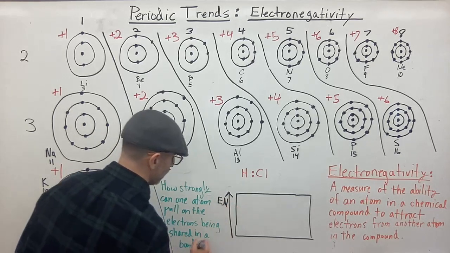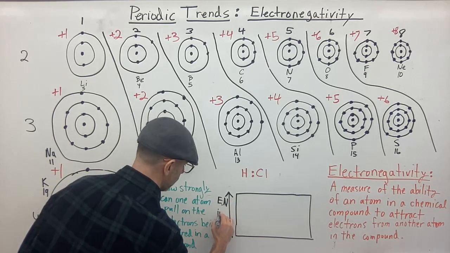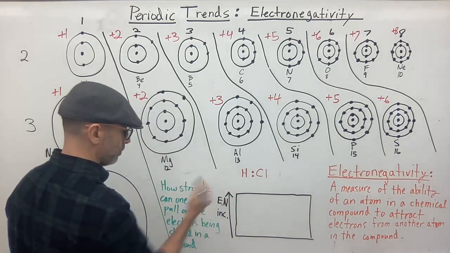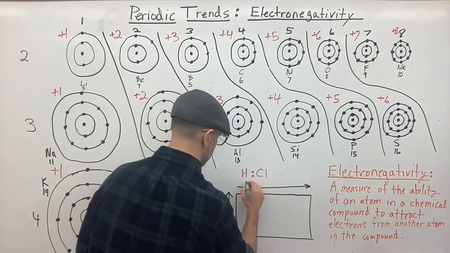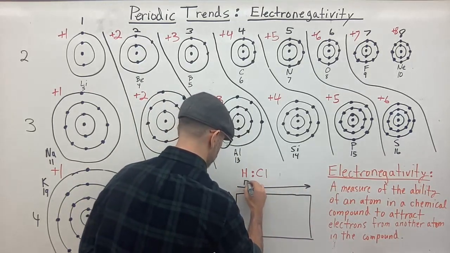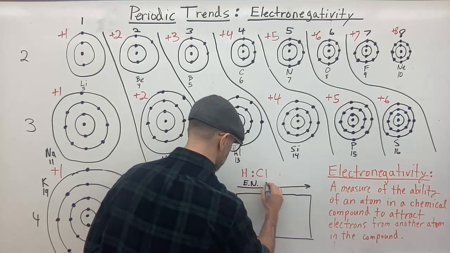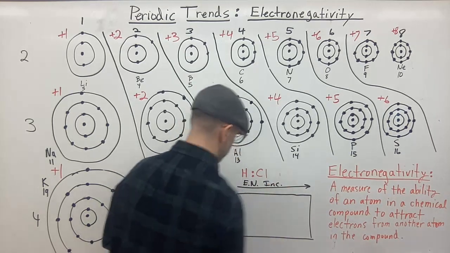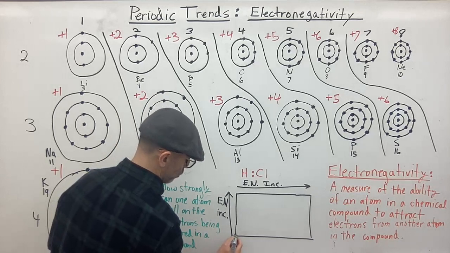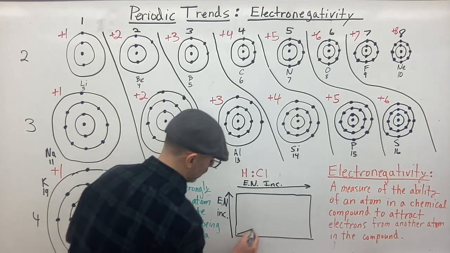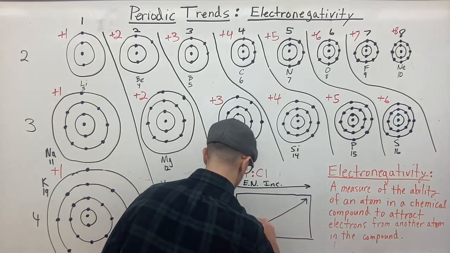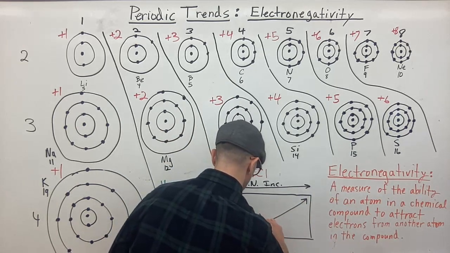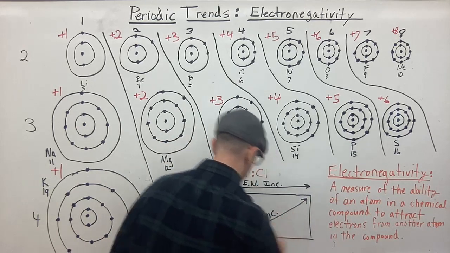Electronegativity is increasing going up the group, and it increases going across left to right. So the general trend in the periodic table is increasing from this corner to this corner. Electronegativity increases.